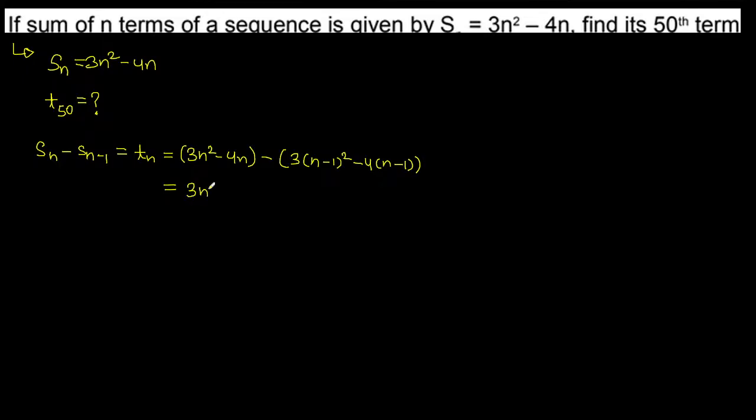this is 3n square minus 4n minus 3 (n minus 1) whole square plus 4 (n minus 1).